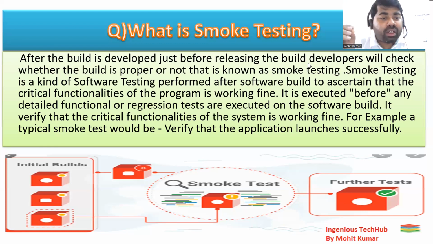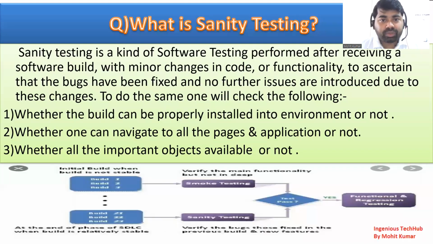For example, a typical smoke test would verify that the application launches successfully. Understood, right? So we have an initial build and we have done a smoke test. If everything works fine, then we can go ahead to the next process and next testing steps. So this is called smoke testing, guys.